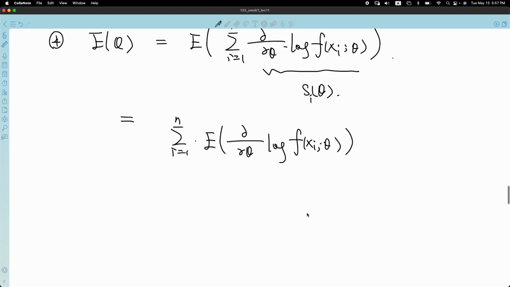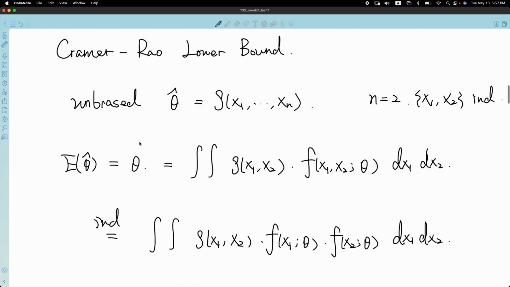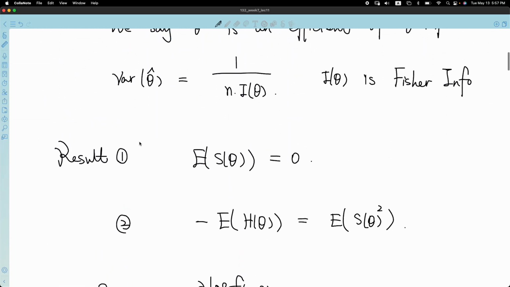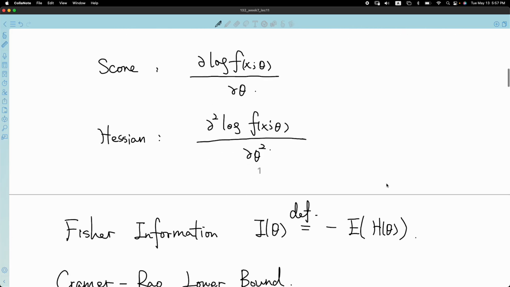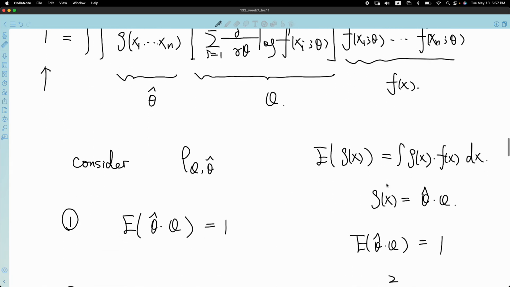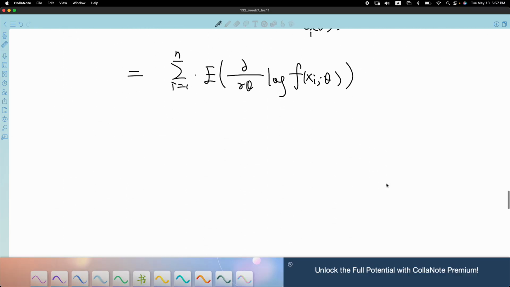What is the expectation of the score that we mentioned when we started the lecture and also last week? Let's scroll up and see one of the results that we derived last time. You can see that the expectation of the score is equal to 0. So here we are essentially summing n copies of zeros.